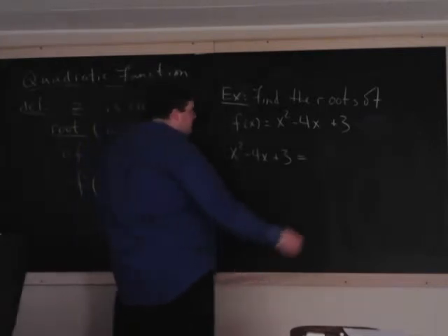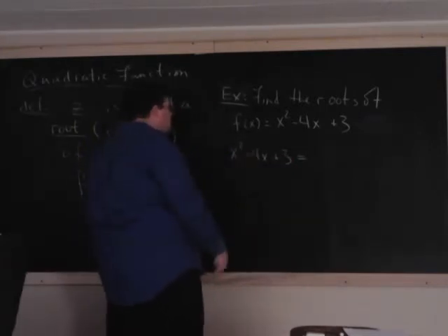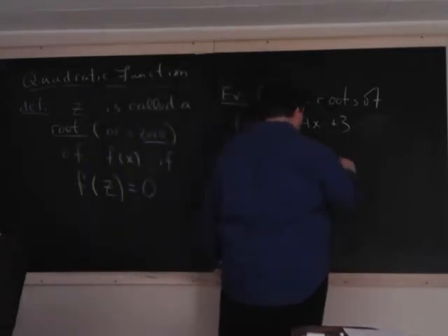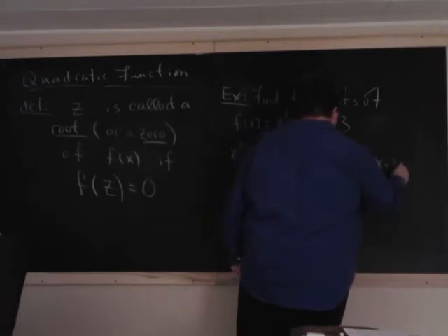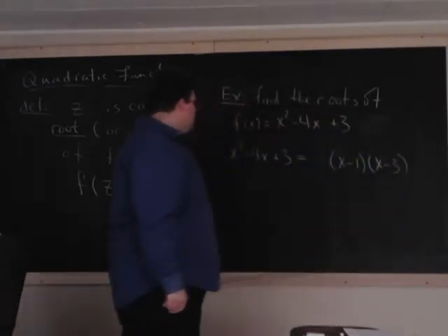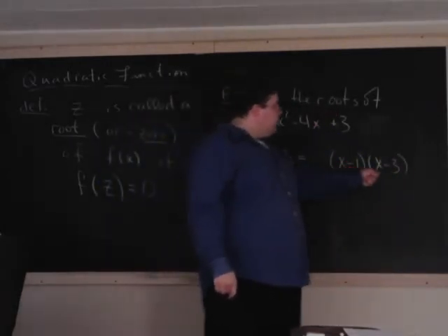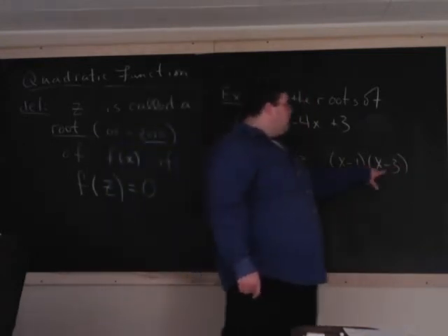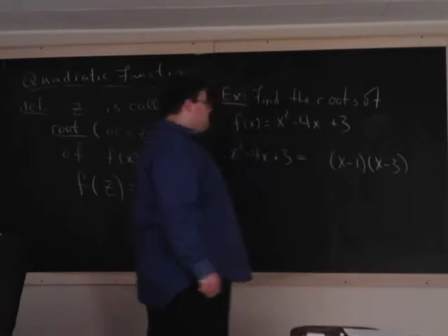We need numbers which multiply to 3 and add to negative 4. So we get x minus 1 and x minus 3. You distribute all that out, you get x squared, you get negative 1 and negative 3, which makes negative 4x, and then you get negative 1 times negative 3, which is positive 3.